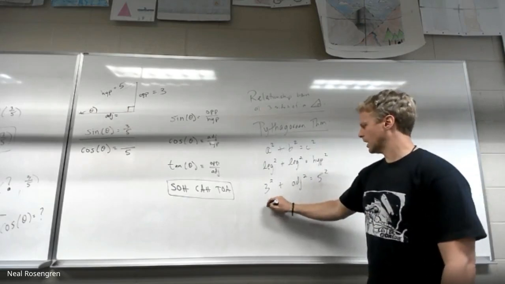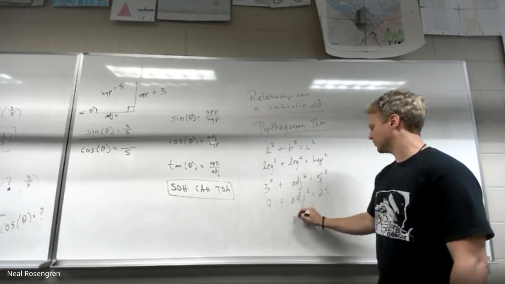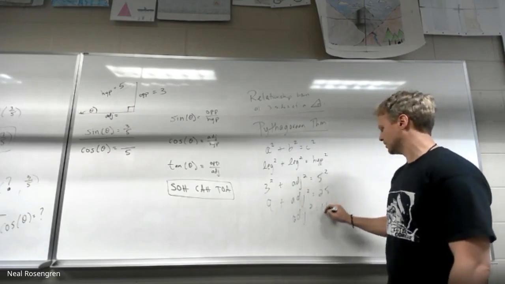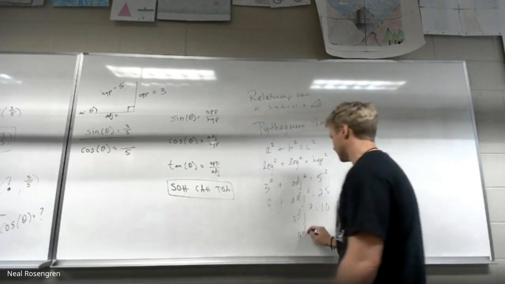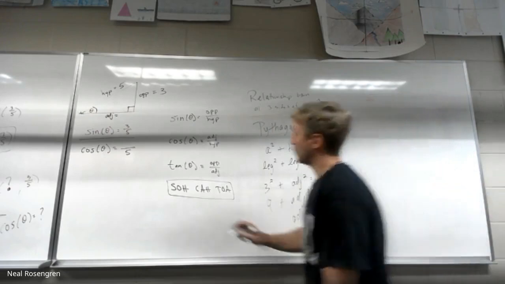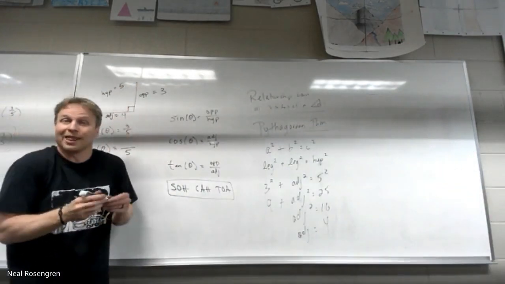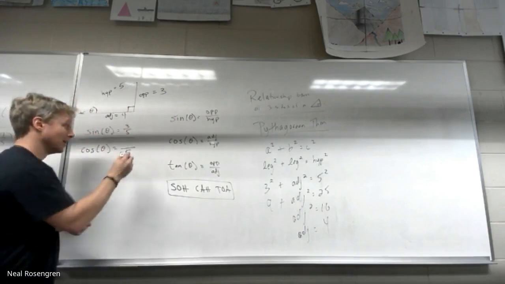So 9 plus adjacent squared is equal to 25. Subtract 9 on both sides, you get 16. So this adjacent leg is just the square root of 16. I don't need plus or minus because I'm in the first quadrant and we're just talking about lengths of sides. So just 4.